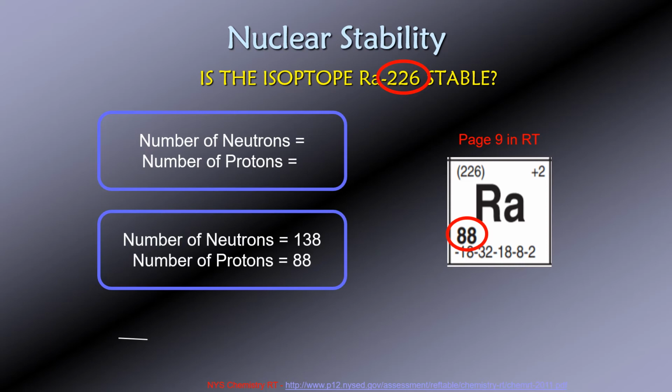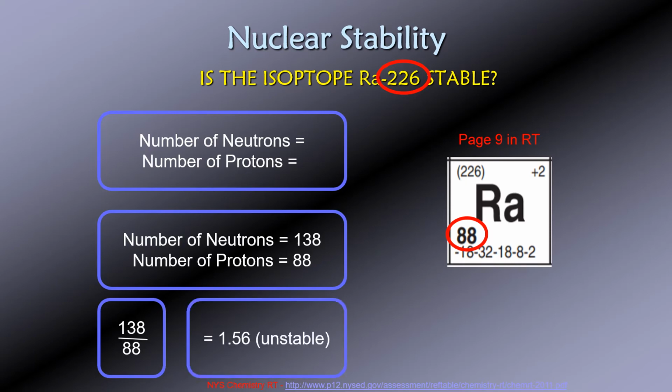Okay? So now when we do the neutron to proton ratio, 138 divided by 88, we get a ratio of 1.56, which is outside of our range of 1 and 1.5, which means this isotope is going to be unstable.